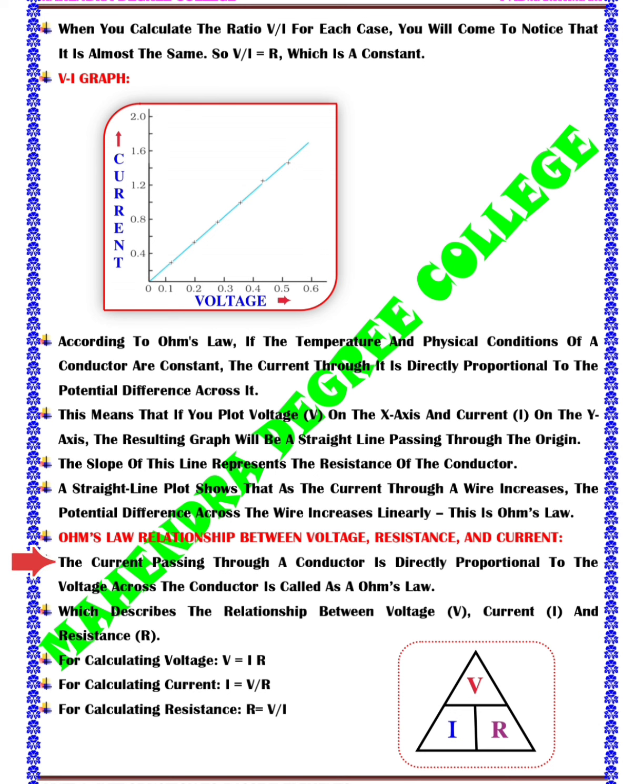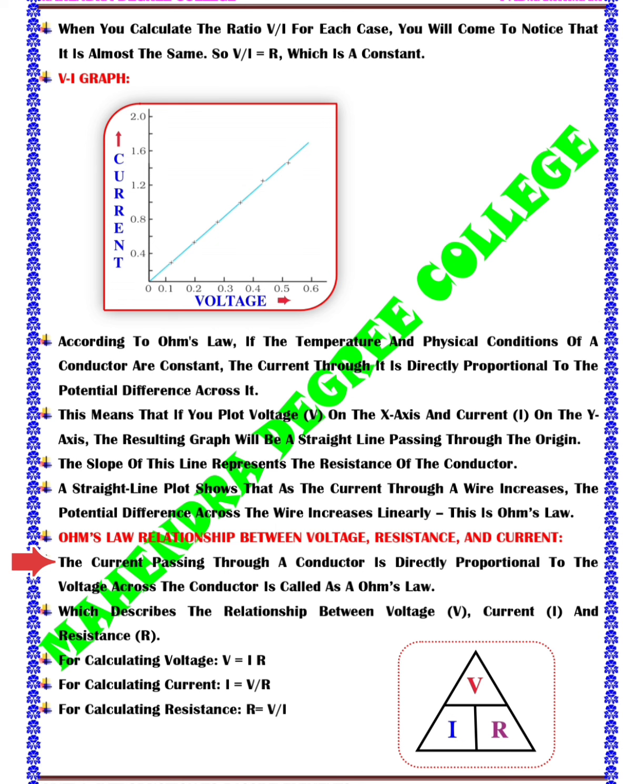It means Ohm's law describes the relationship between voltage, resistance, and current in a circuit. It states that the current flowing through a conductor is directly proportional to the voltage across the conductor and inversely proportional to the resistance of the conductor.